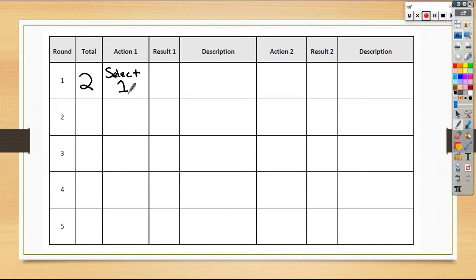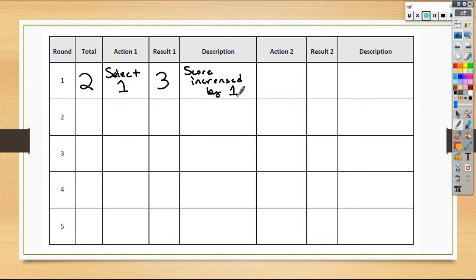So the result is, if I select a 1, I now have 3 points total in my hand. So the description would be that my score increased by 1 because I chose a positive number.